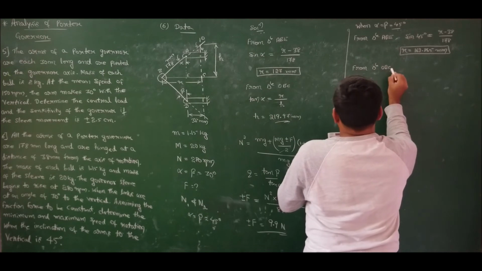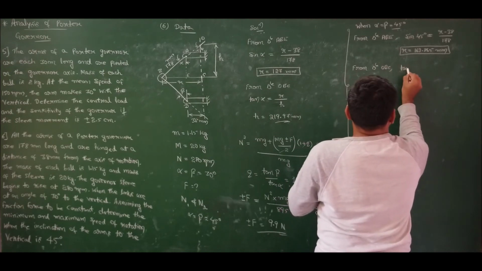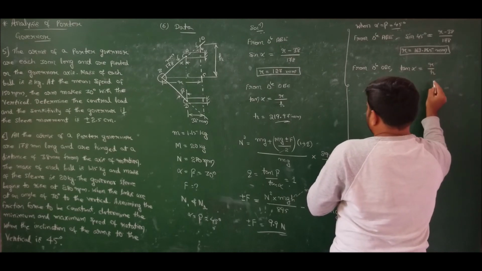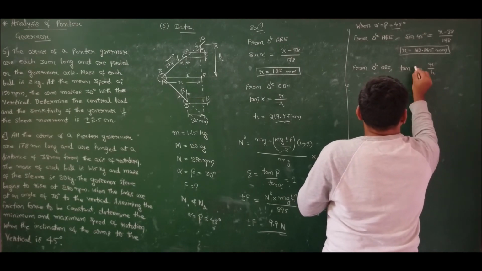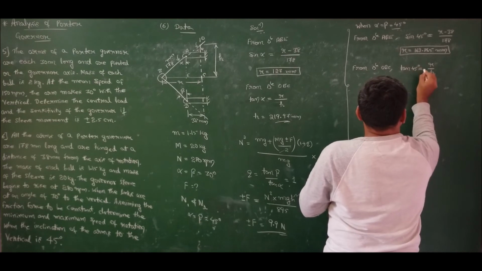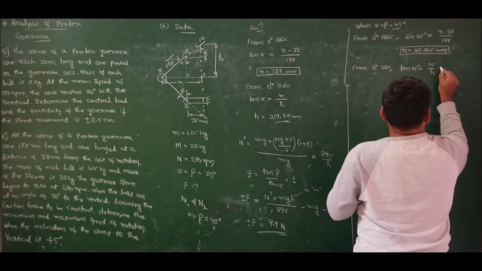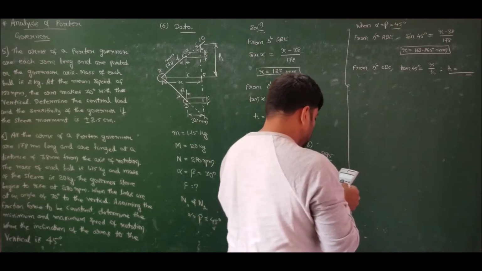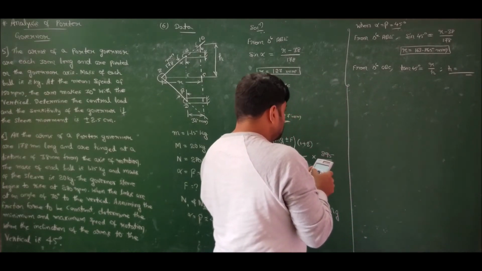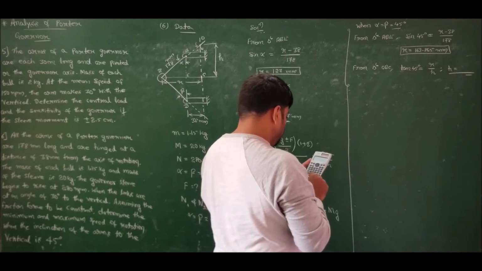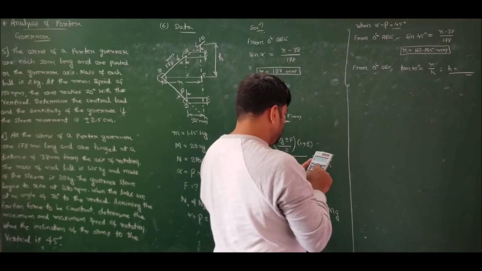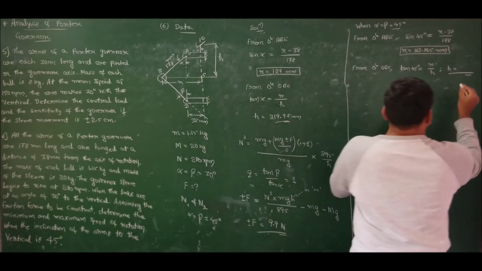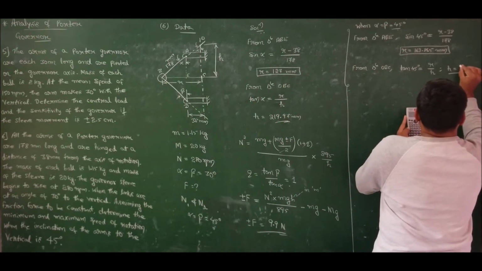Now from triangle OBC, tan alpha is equal to R by H. So here alpha is how much? 45 degrees. Hence H will become tan 45 is equal to R, 163.865, divided by H. If I solve, I will get the value of H as 163.865.